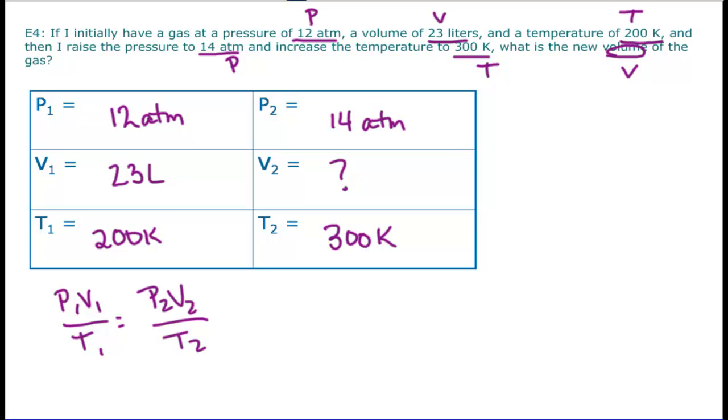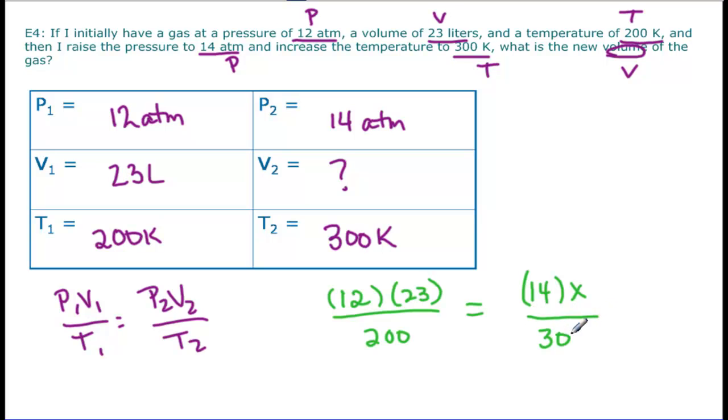Alright, so let's fill our variables in. So P1 is 12 times V1 is 23 over T1 is 200. So notice that this column is all on the left-hand side of the fraction, and this column is all on the right-hand side. So be careful and make sure you put your variables in the right place. Alright, so 14 is P2, X is V2, and then T2 is 300. Now again, we're going to cross multiply here.